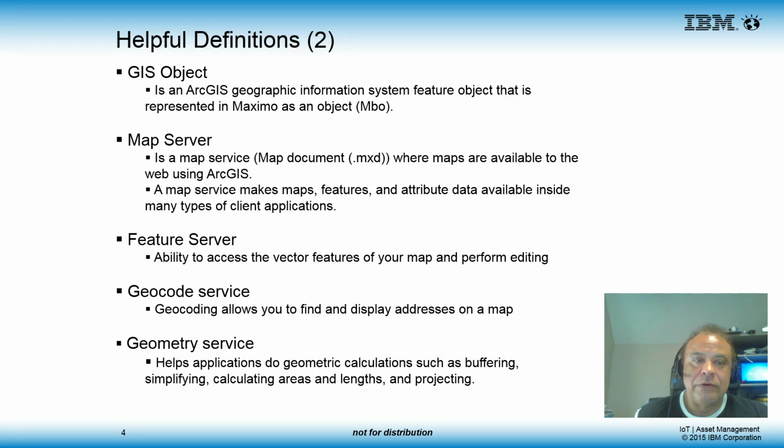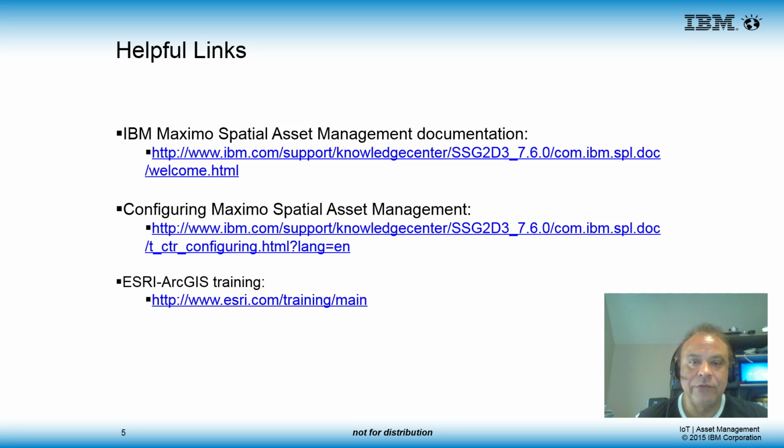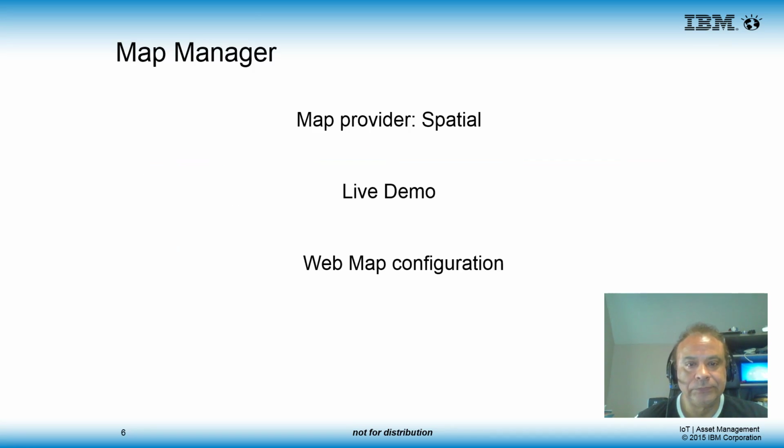These are other definitions that I hope you've gone through in part 1. Again, these are just helpful links. All right, this next step, everything's going to be a live demo, so we're going to go directly to Maximo and start going over this web map configuration.